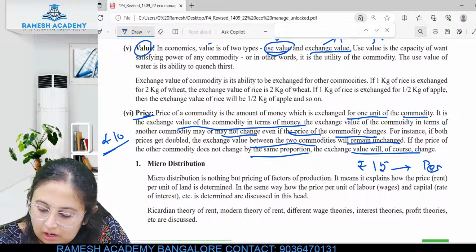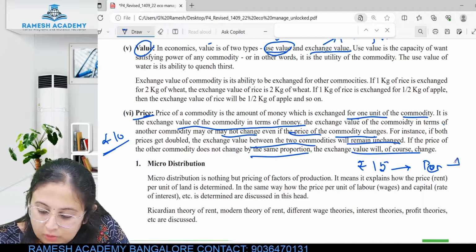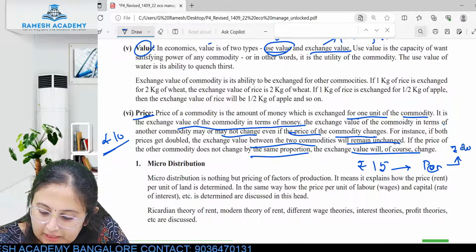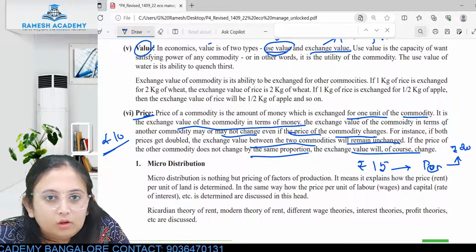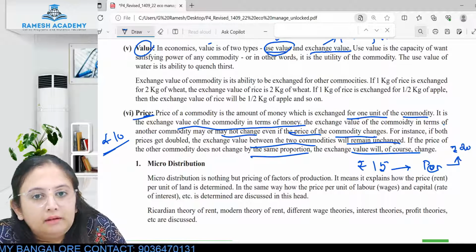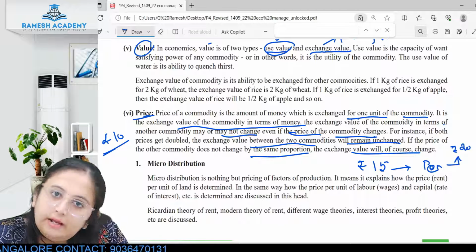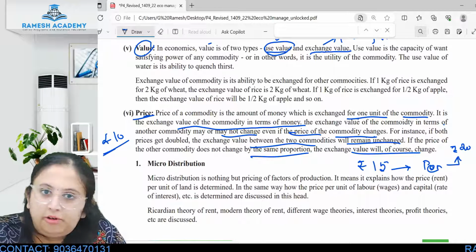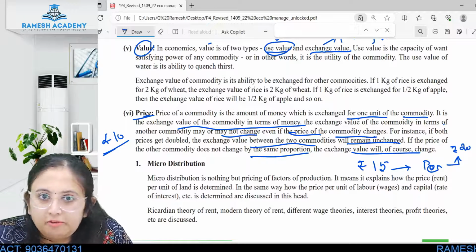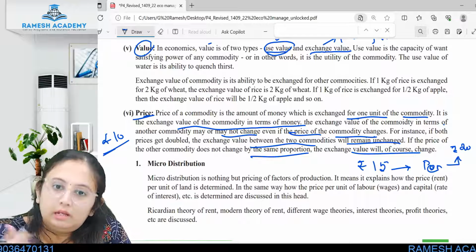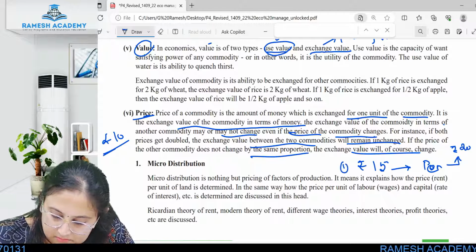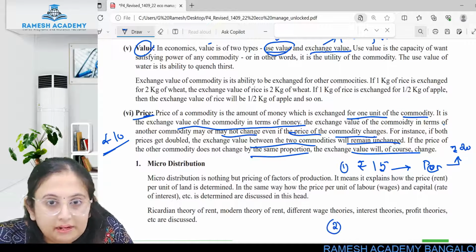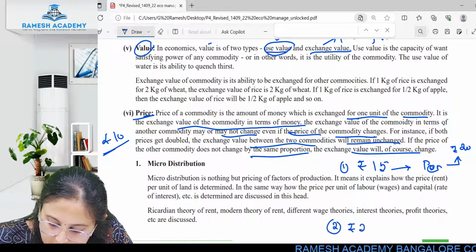Assume you will buy this pen from me and sell it for rupees 20. So you buy a pen from me for 15 rupees and sell it for 20 rupees. That means you are getting 5 rupees profit. Now I'll give you another instance. Now I increase the pen value to 20 rupees.